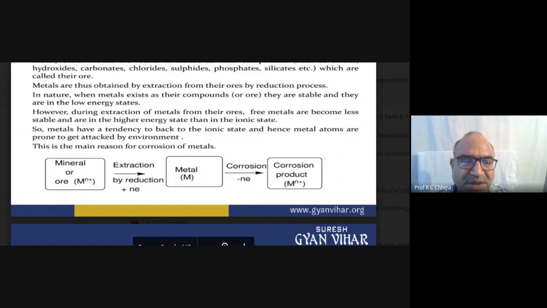Oxidation means the addition of oxygen, but on an electron basis it is de-electronation. Electrons are removed from the metals. This process is called de-electronation, and de-electronation is oxidation.